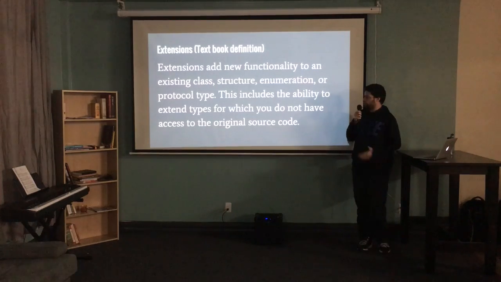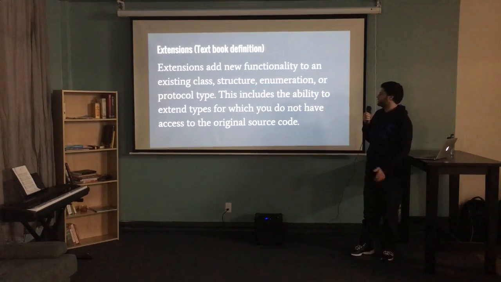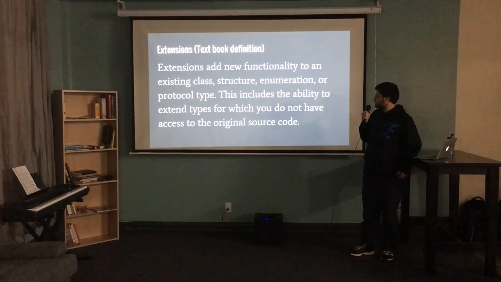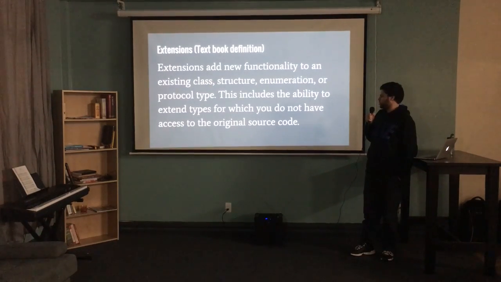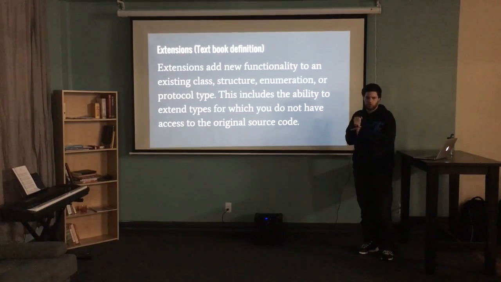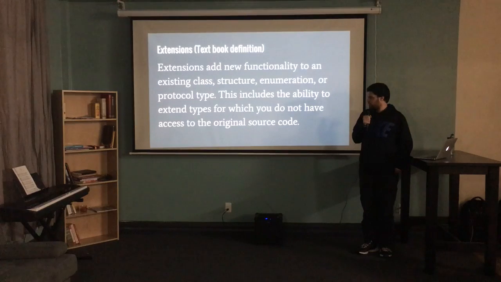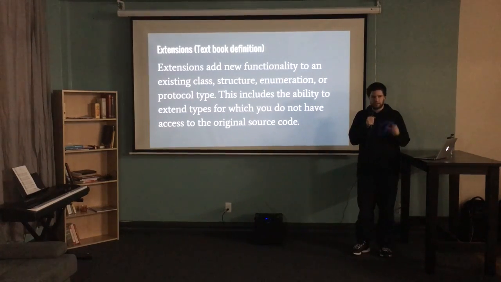So this is a textbook definition. Extensions add new functionality to an existing class, structure, enumeration, or protocol type. This includes the ability to extend types for which you do not have access to the original source code. Say there's an Objective-C class in a CocoaPod framework, like AFNetworking, and you don't want to write Objective-C.